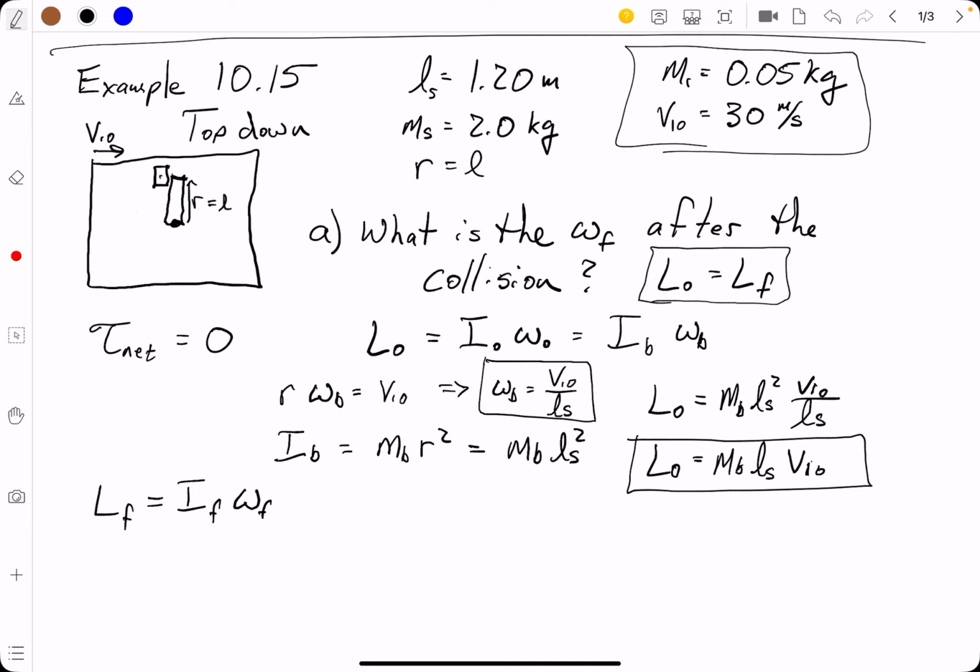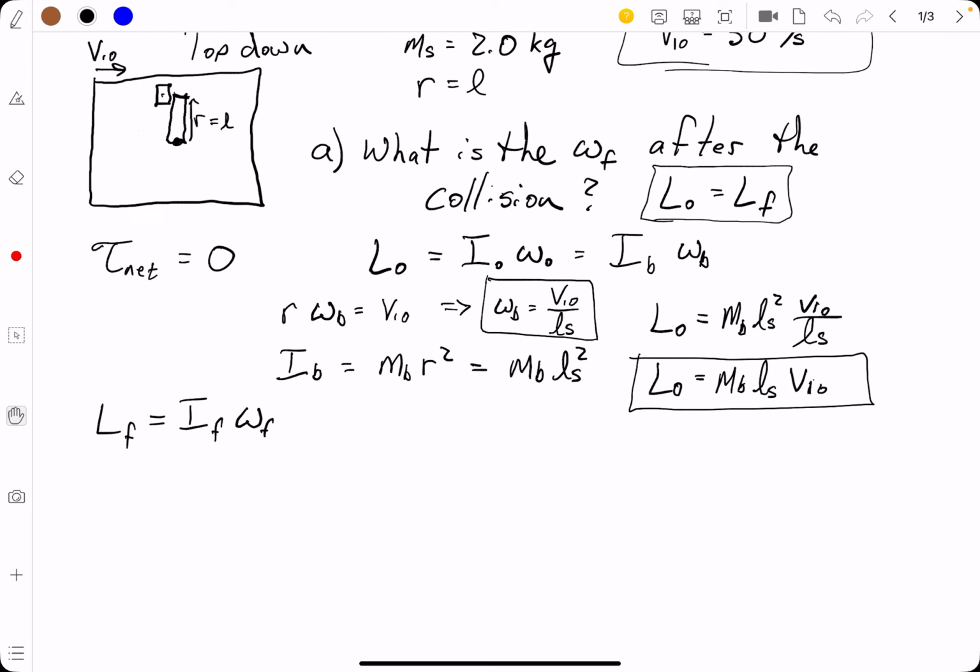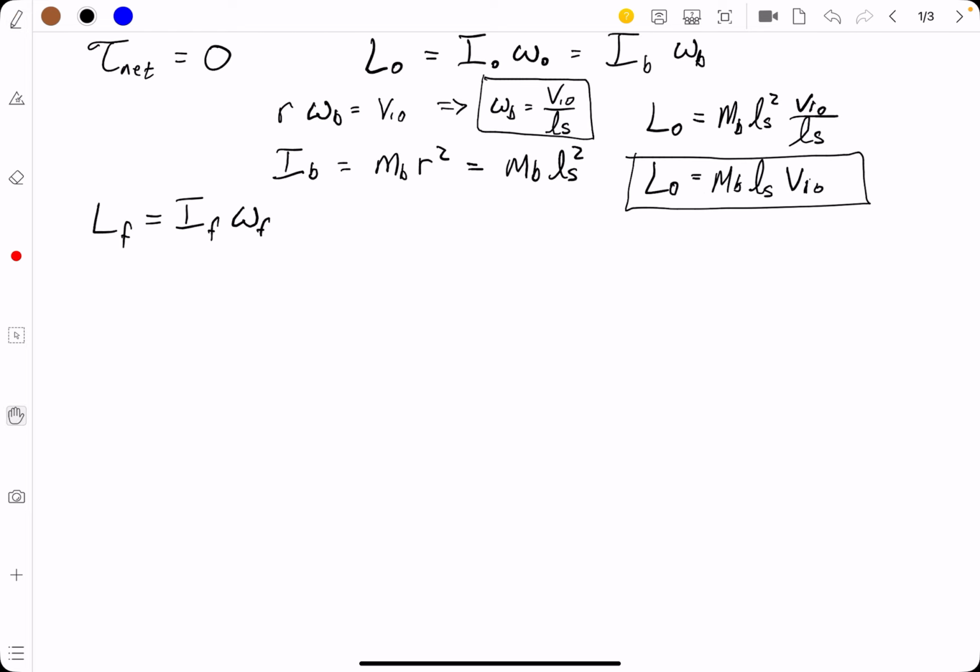Okay, now all we have to do is figure out what the final moment of inertia is equal to. Where do I have it? Okay, I think I better draw a closer-up picture because we need to see this.